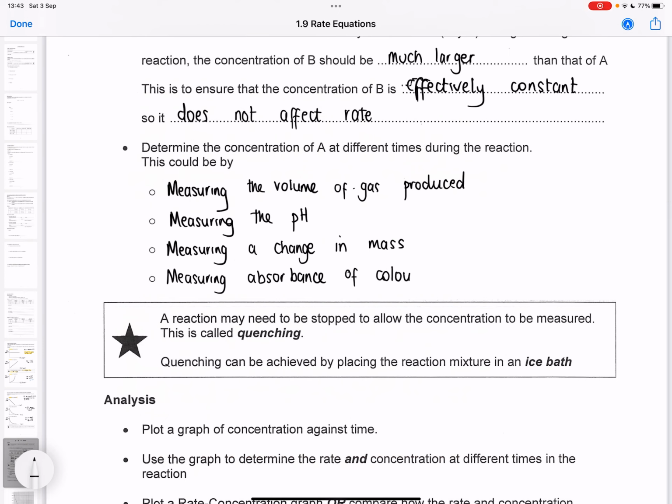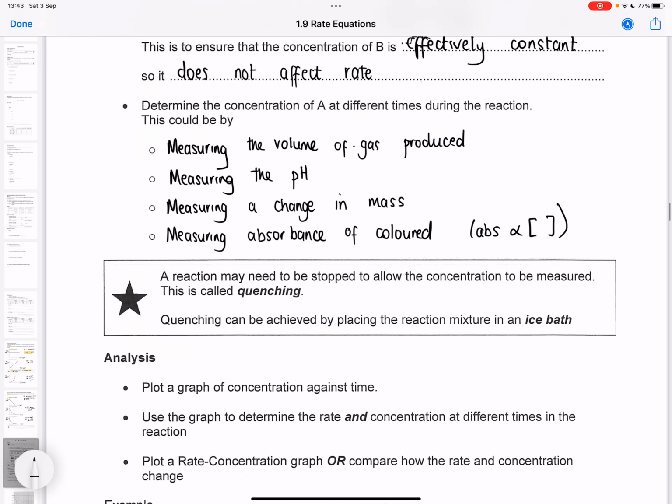Solutions that are coloured, like potassium manganate, it's very purple, would absorb visible light, and as its concentration decreases, it would absorb less and less visible light. The absorbance is directly proportional to the concentration. So we could plot a concentration time graph by just plotting an absorbance time graph, and we'd get the same effect.